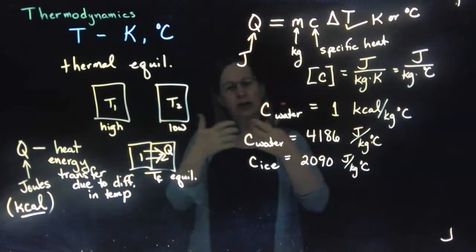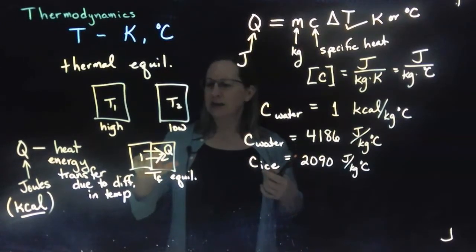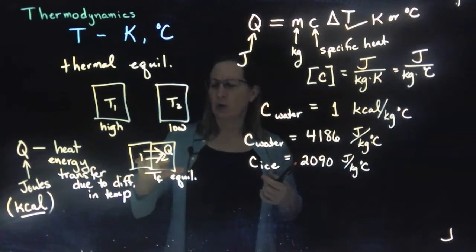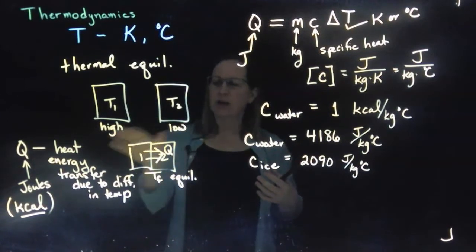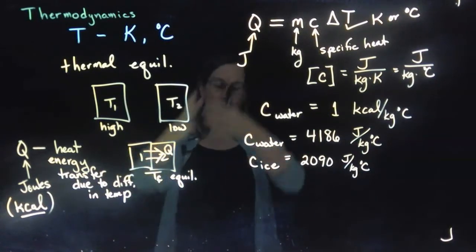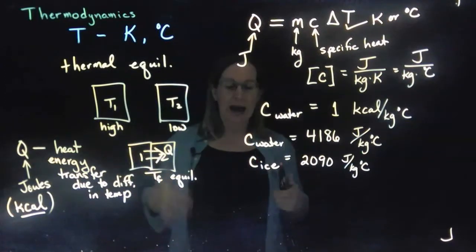When we look at two objects like this that come into contact, then this heat flow from one that goes into two, we must have conservation if it's an insulated system. We can't suddenly say there's a magical amount of heat somewhere that either disappears or is added into the system.